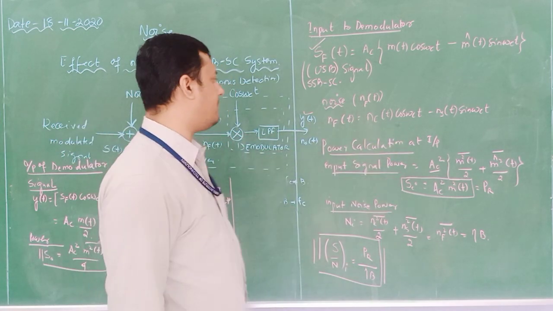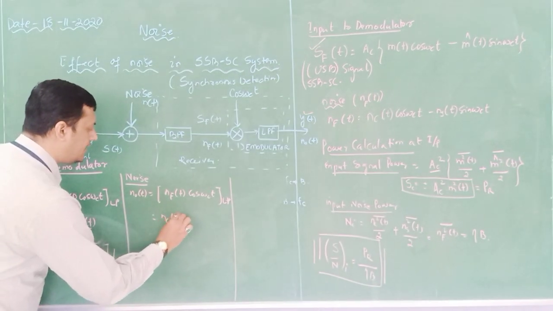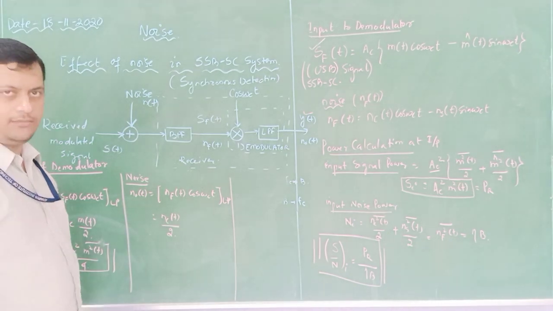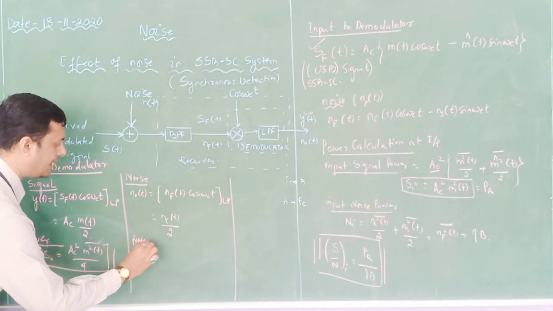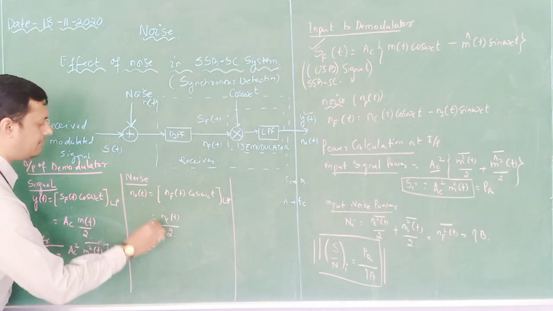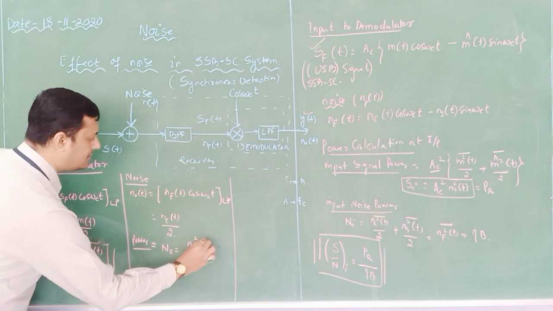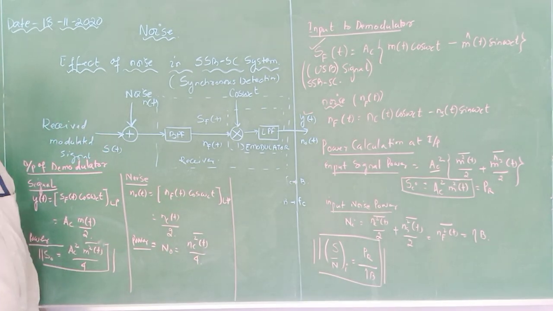Suppressing the higher component, we will get Nc of t whole divided by 2. Now what is the power available in this? So power available in this is N naught, which is Nc square of t whole bar divided by 4.